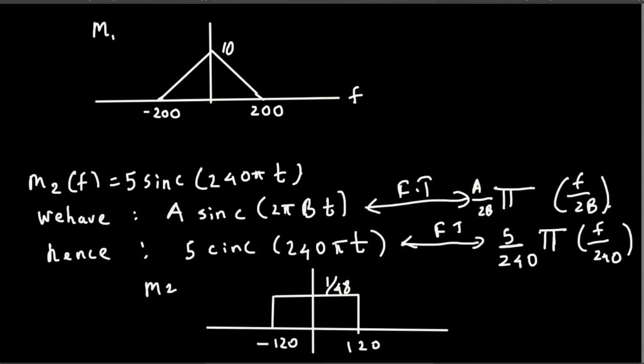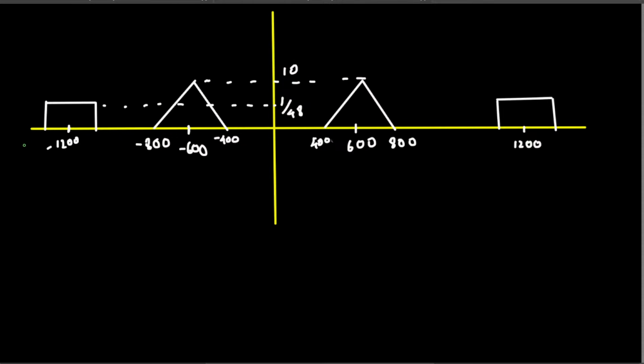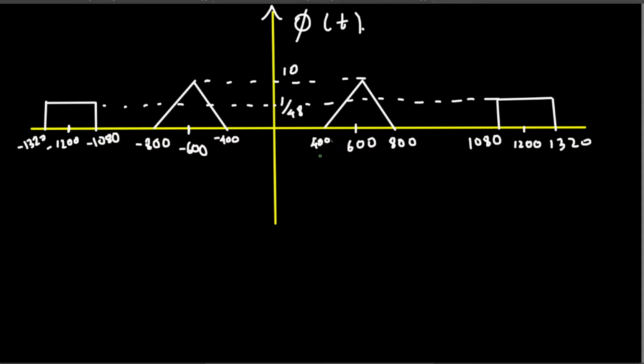It expands a 120 range, so from minus 120 to 120 around 1200. And this is the graph for m2. This is the height and range.